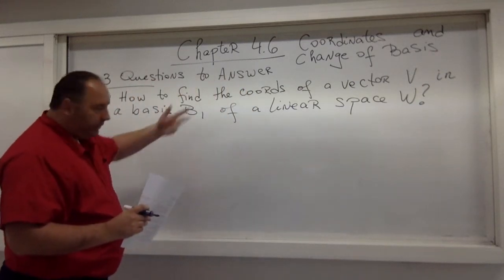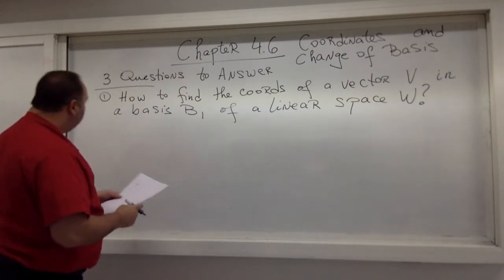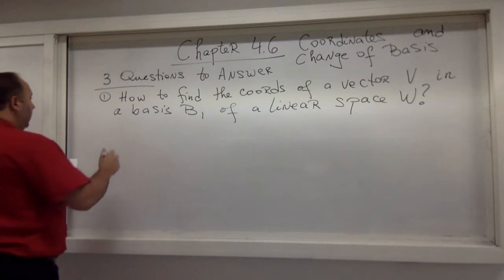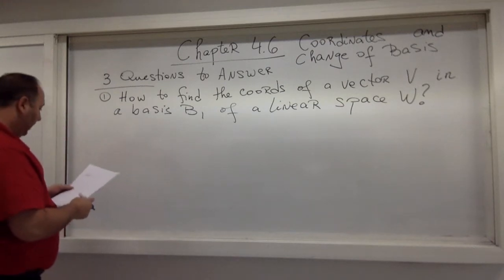We start with one and later on the process will be similar for another one if we change bases. So that's one question. And you will see it's very simple. Actually, what you need to do is solve Ax equals b, using Gauss-Jordan.